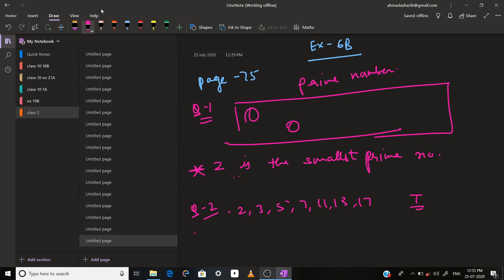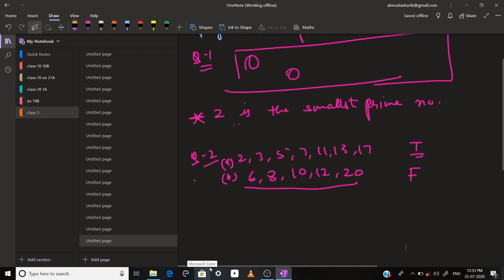Now part B says 6, 8, 10, 12, 20 are even prime numbers. Yes, they are even, but they are not prime numbers, they are composite numbers. So this is false.